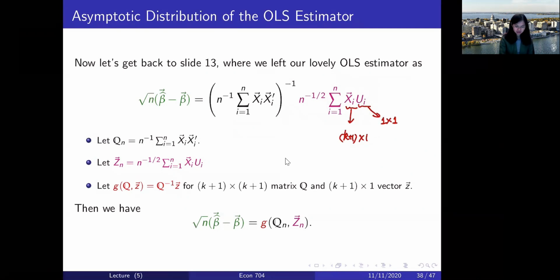Just to give you an example, xi ui equals 1, xi1 to xik times ui, and that equals ui, xi1 ui, through xik ui.